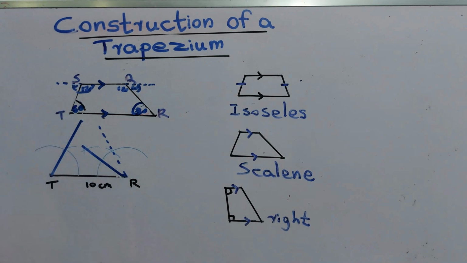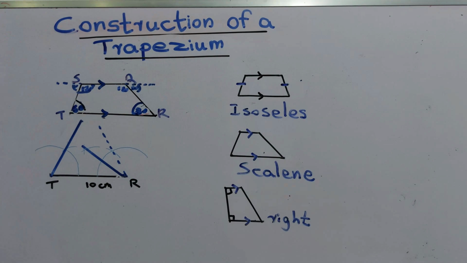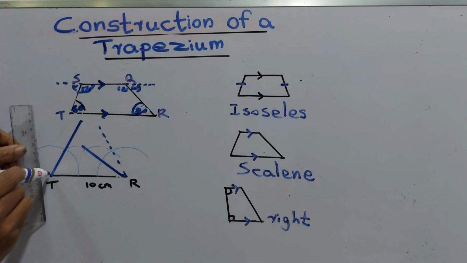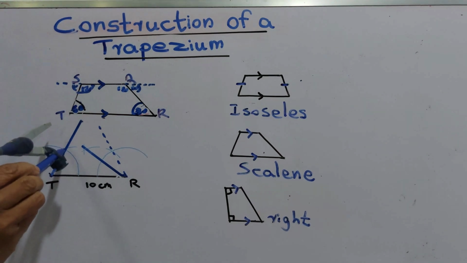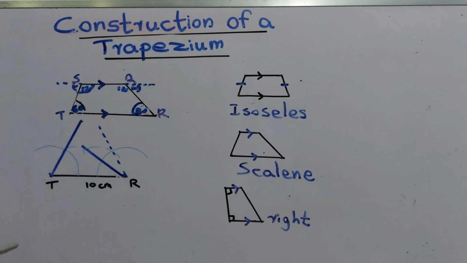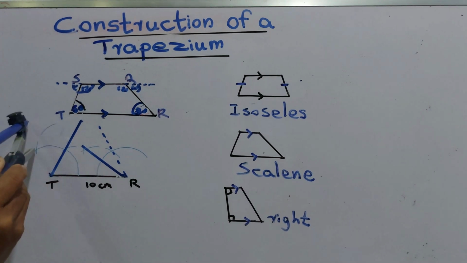Okay. Then we have to draw a parallel line. Take the ruler to draw the parallel. We can draw an imaginary line here, from here to here. Okay.